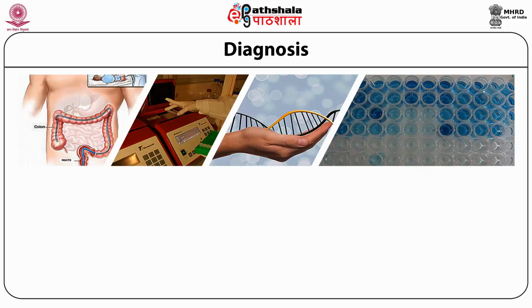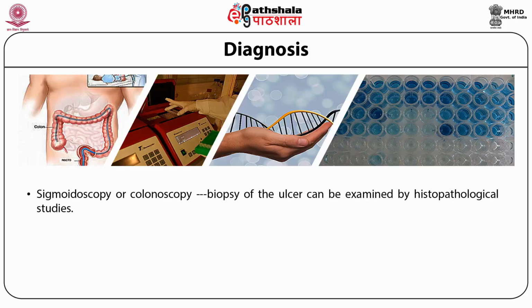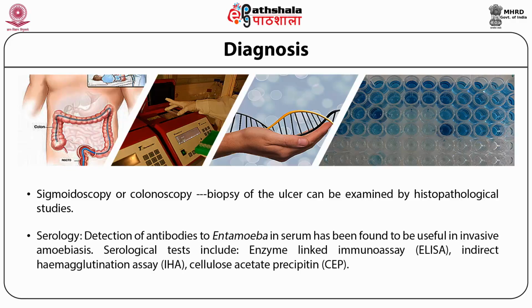Talking about the diagnosis, we have said that stool examination is one of the easiest methods. Some other methods for diagnosis are sigmoidoscopy or colonoscopy, that is biopsy of the ulcer, which can be examined by histopathological studies. Then serology, which is detection of antibodies to Entamoeba in serum, has been found to be useful in invasive amoebiasis.